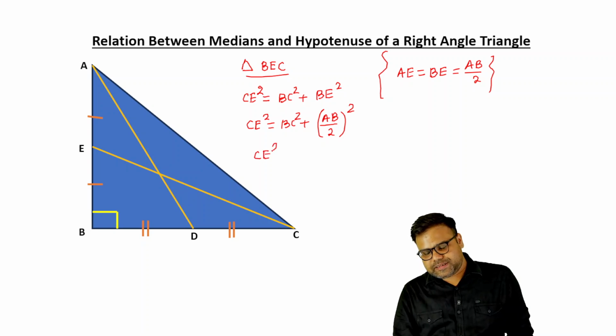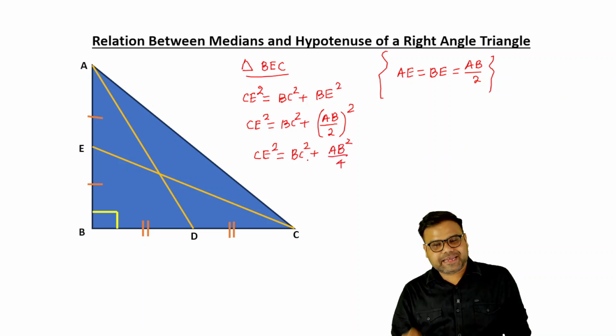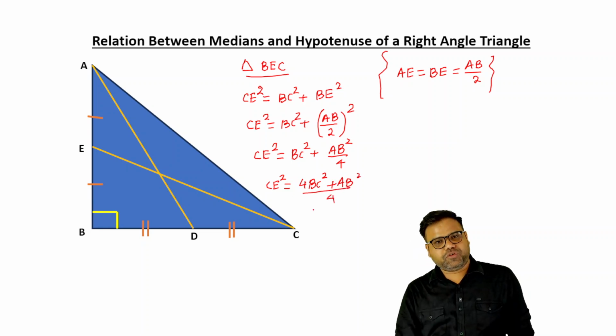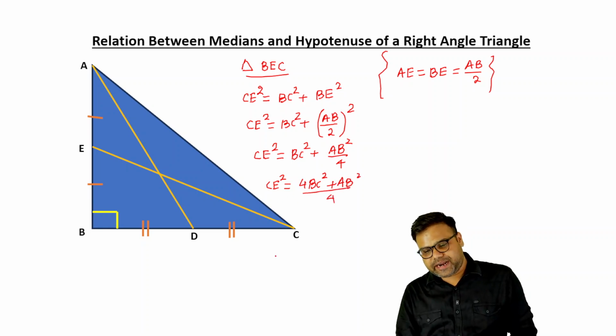If you solve this, you will get another equation. CE square is equal to BC square plus AB square upon 4. Take the LCM. So it will become CE square is equal to 4 times BC square plus AB square upon 4. Multiply 4 with CE square. So you will get equation number 2 here, which is 4 times CE square is equal to 4 times BC square plus AB square.